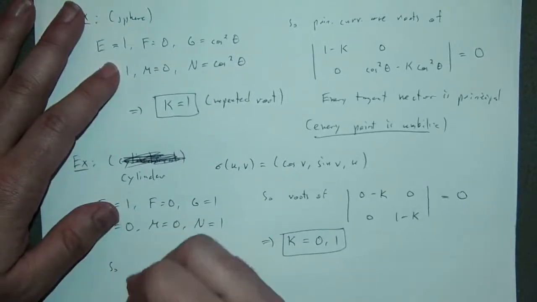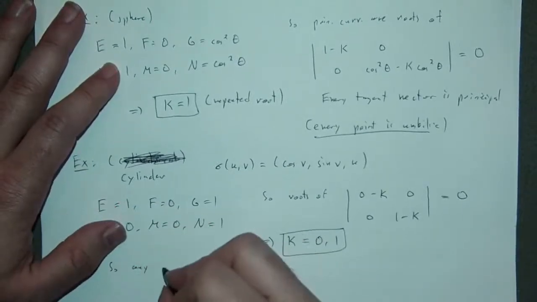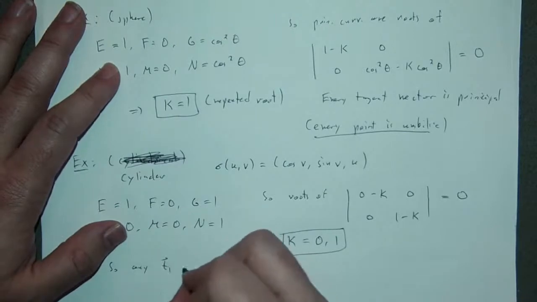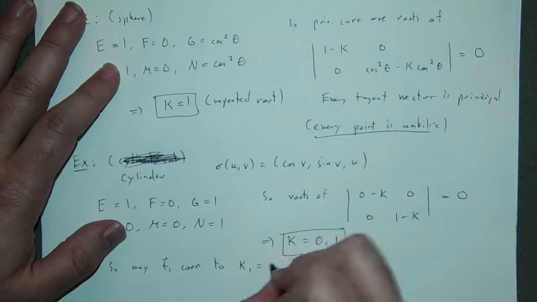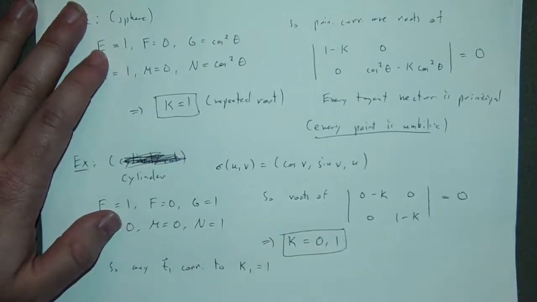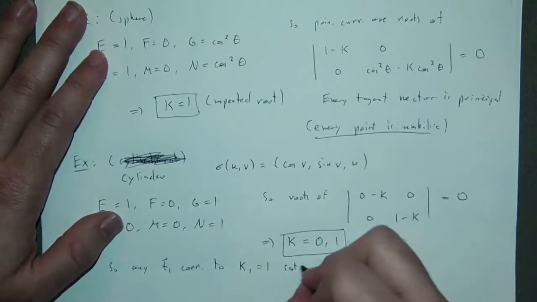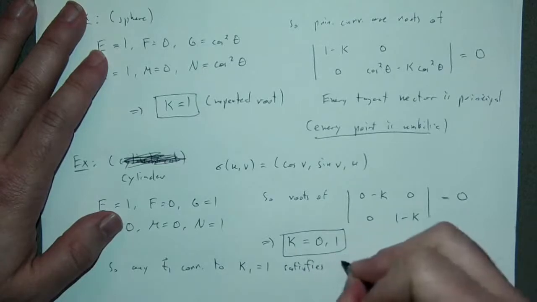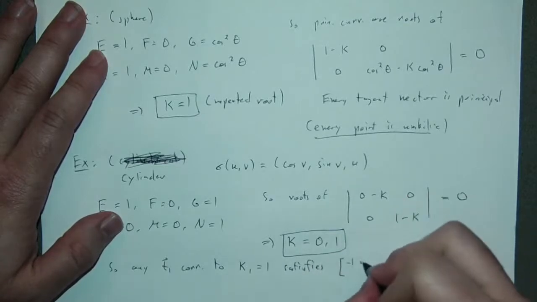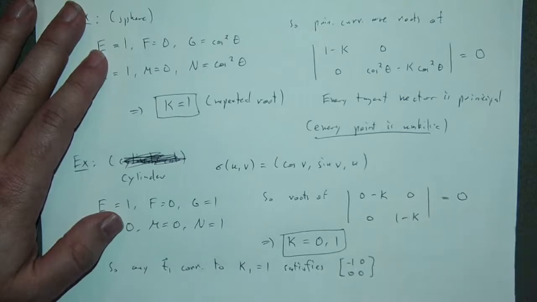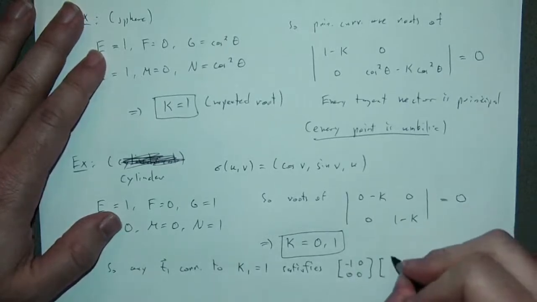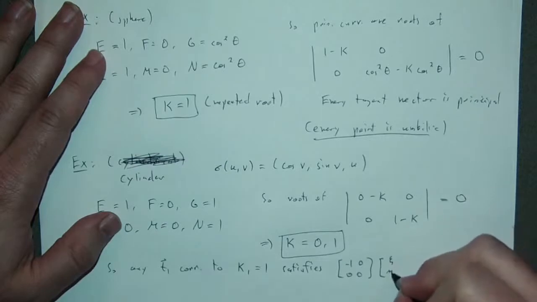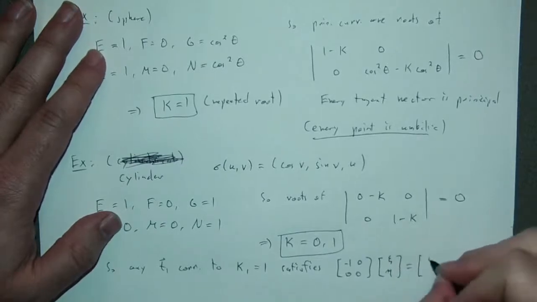So any t1 corresponding to kappa 1, which I'll call 1, satisfies the matrix with rows (minus 1, 0) and (0, 0) times (xi, eta) equal to (0, 0).